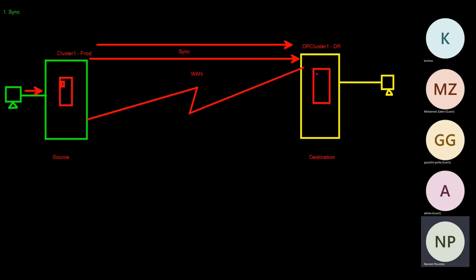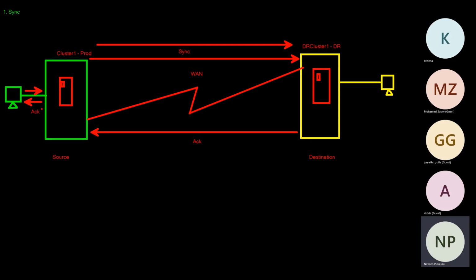The data will be copied to the destination as well. Once the data is copied to the destination, the destination will send an acknowledgement, ACK, back to the source storage, and then the source storage will send an acknowledgement back to the server, the end user.